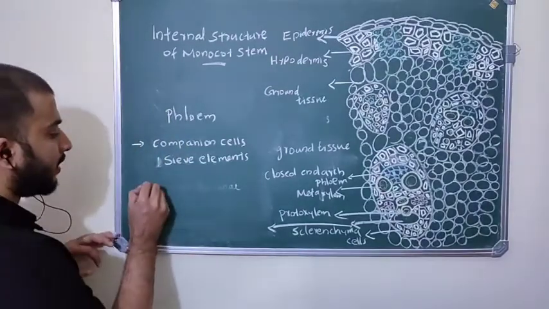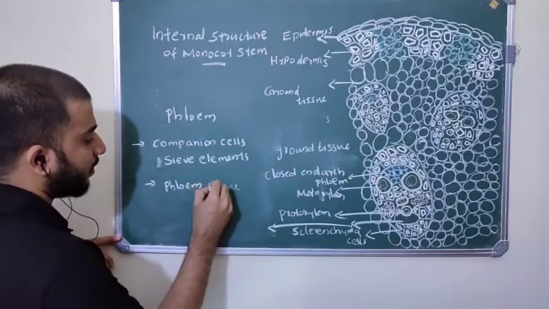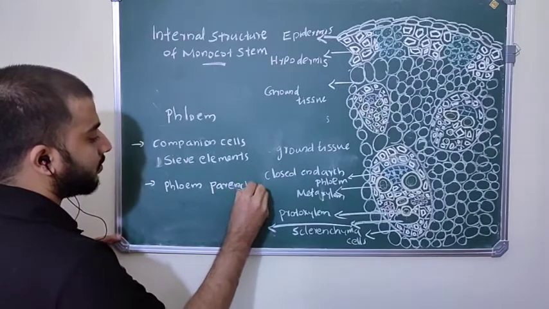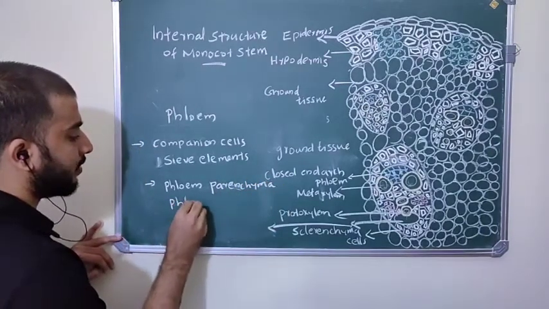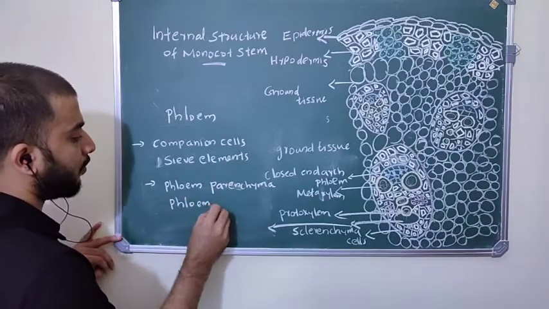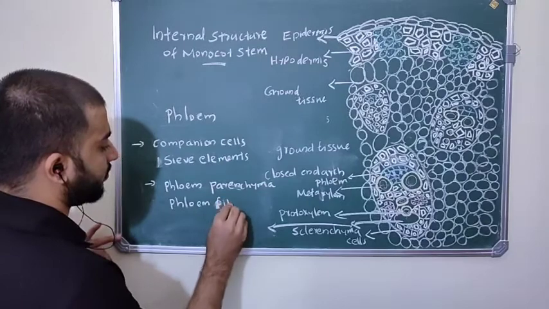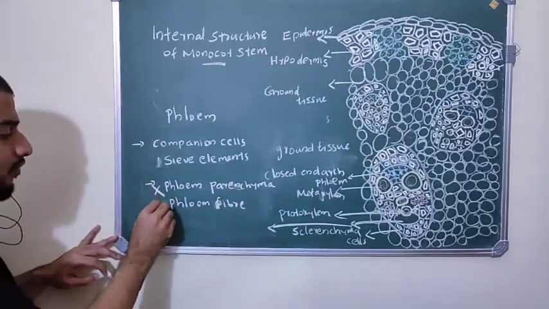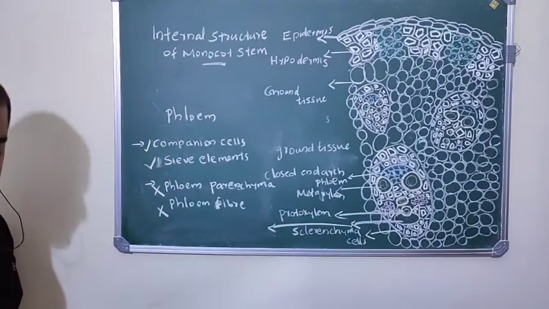Phloem parenchyma and phloem fibers are absent in the phloem tissue of monocot stem. Companion cells and sieve tube elements are present.